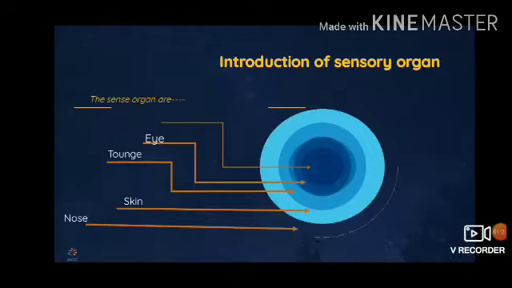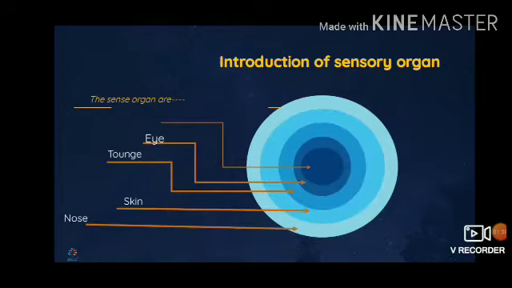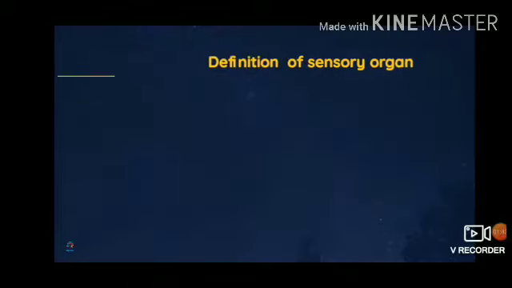These were the 5 sense organs included in the human system: first one is eyes, second one is tongue, third one is nose, fourth one is skin, and last ear. Now the definition of a sensory organ.